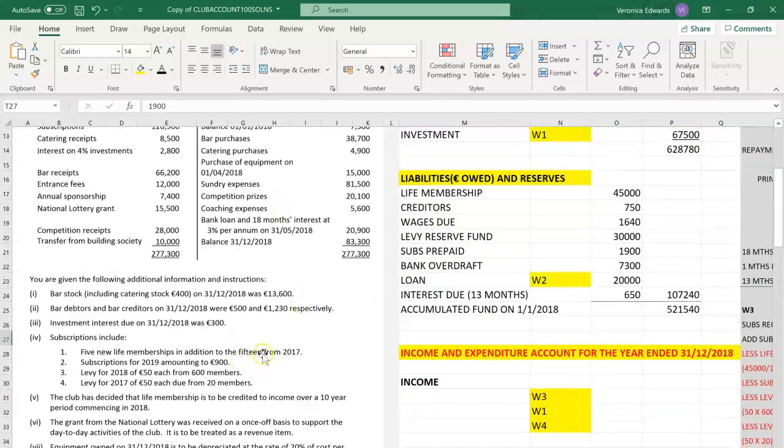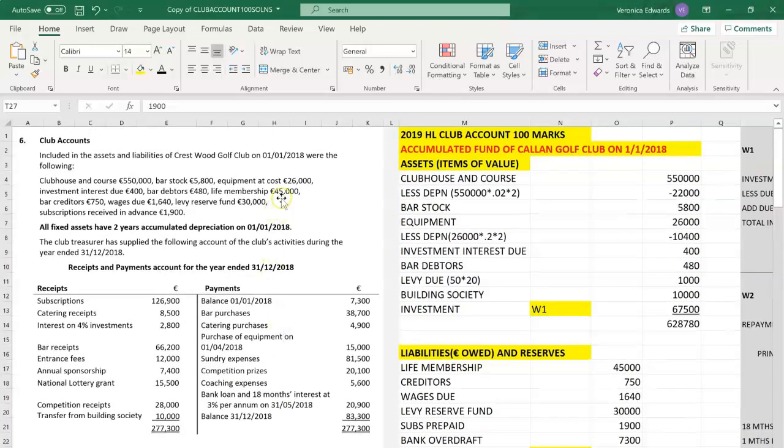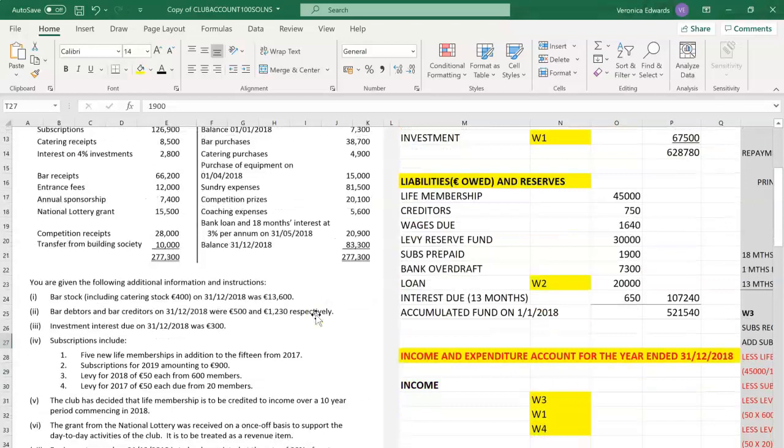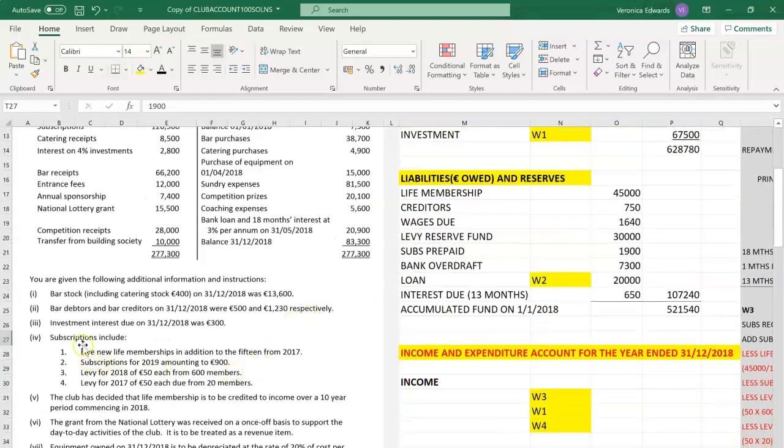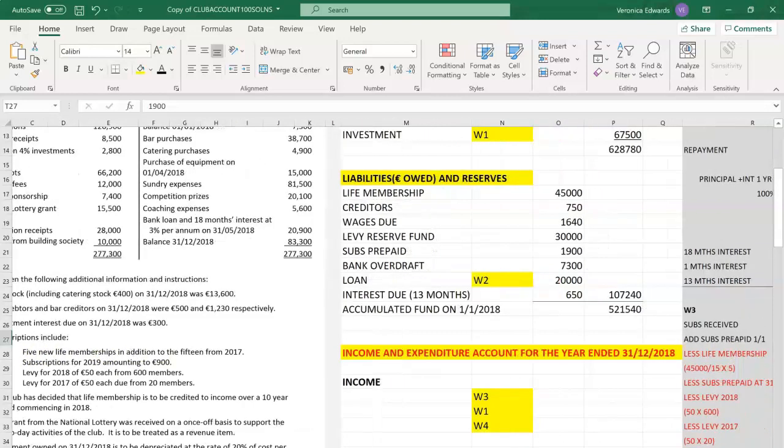Apparently now we're learning that that's life memberships from 15 members, okay? So that is the life membership you received from 15 members in your club. If we divide that by 15, that should tell us what one life membership is. And that might be useful because our subscriptions includes 5 life memberships and it shouldn't.